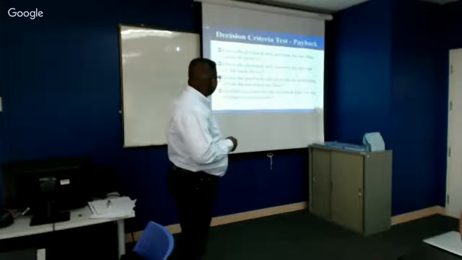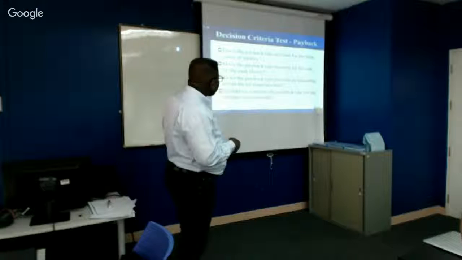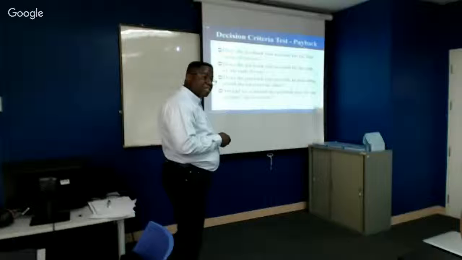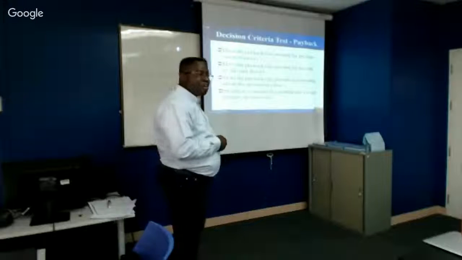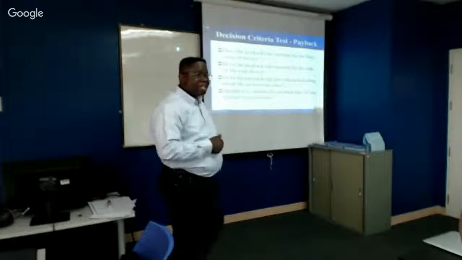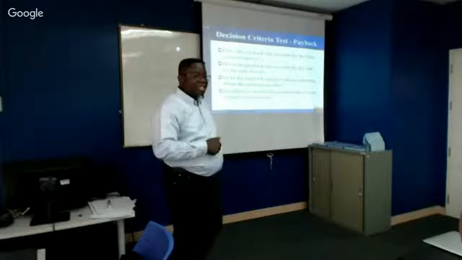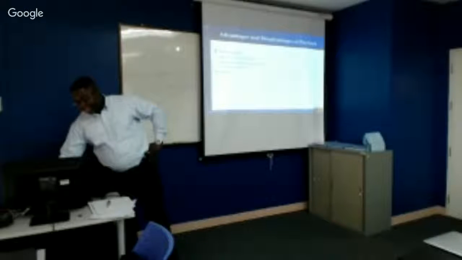No. Does the payback rule provide an indication about the increase in value? No, it doesn't. Should we consider the payback rule for our primary decision rule? Obviously, no. So these ones, maybe you can read by yourselves.